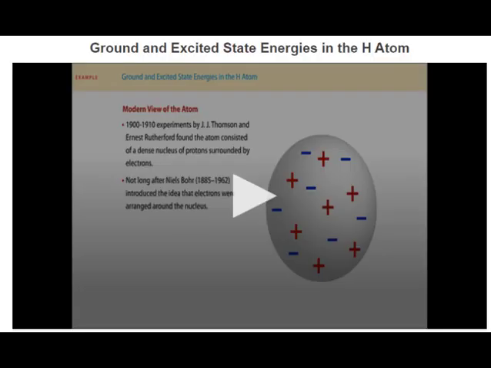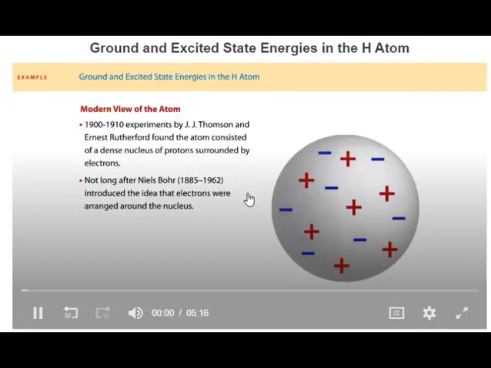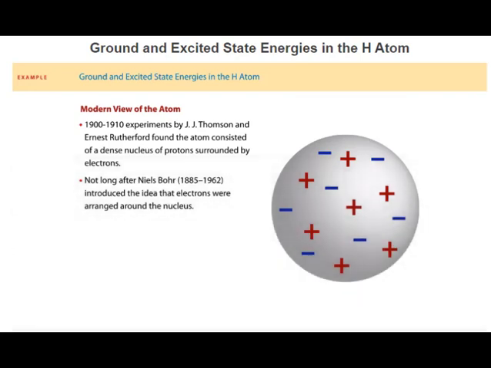Here is a nice summary of this section that wraps up everything. At the beginning of the 20th century, the model of the atom was a ball of positive protons and negative electrons, a model that did not begin to explain a number of fundamental observations.